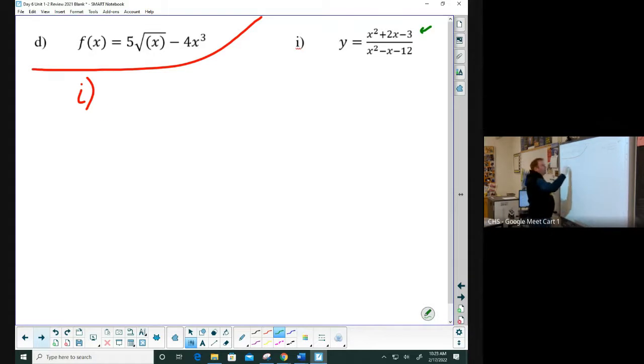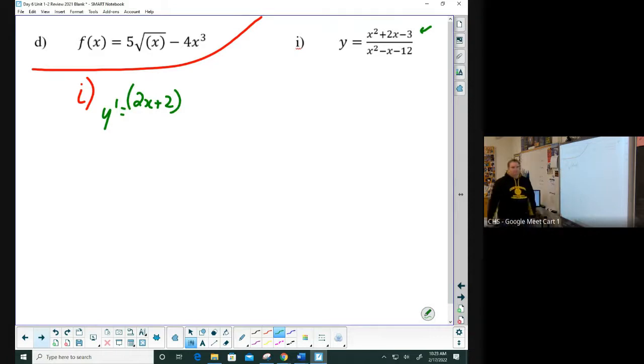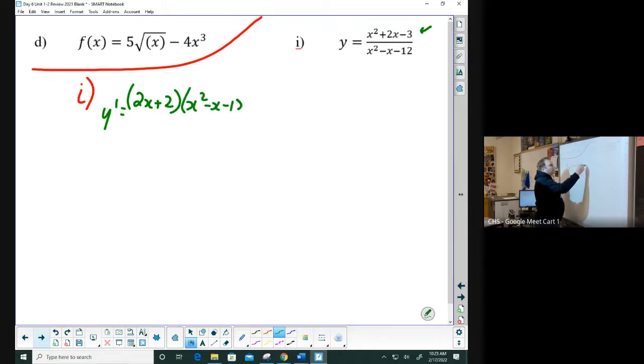So y prime, derivative of the top, 2x plus 2. Neat, didn't take me too long. Differentiate the top, no problem. Bottom, x squared minus x minus 12. Leave it as is. Minus. Derivative of the bottom, again, looks tough, but it's just longer.